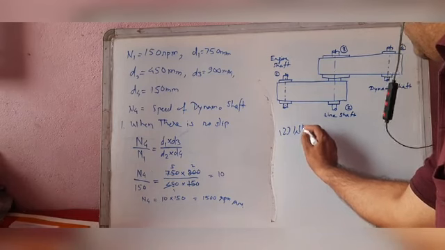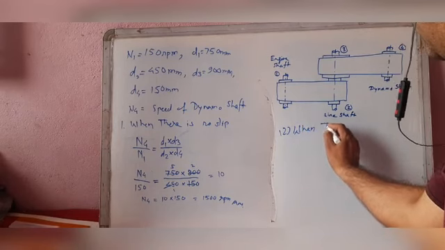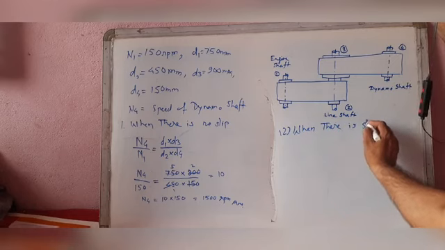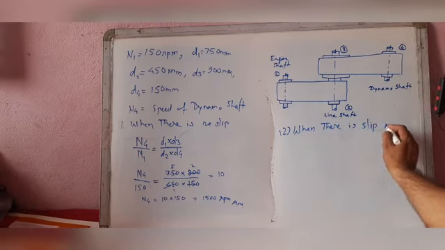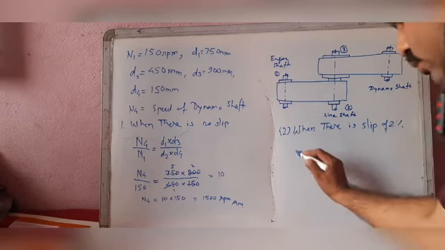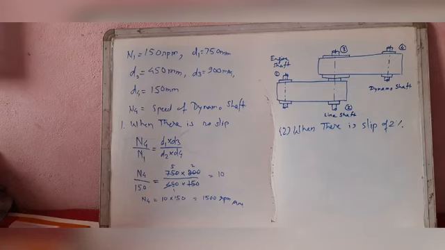Second, when there is a slip of 2%, then we know that on each side there is 2% slip.